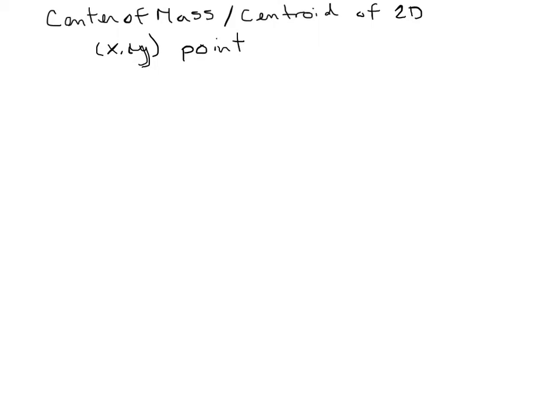The center of mass, or the centroid, is an XY point of a 2D object, where if you think of balancing this 2D object, so here's a random looking object, and we wanted to figure out where we could balance this object on a pencil so that it wouldn't just slide off, maybe that point might be right in there.